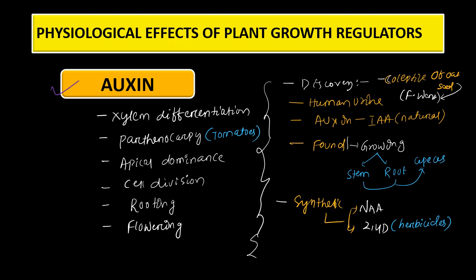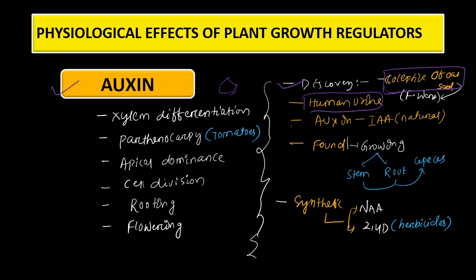Before studying the physiological effects, first let's study the discovery. It was first discovered in the coleoptile of oat seed, and an active compound similar to auxin was found in human urine. Its structure is like auxin, so it is also known as one type of auxin, a compound found in urine.